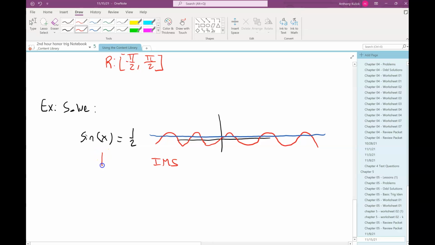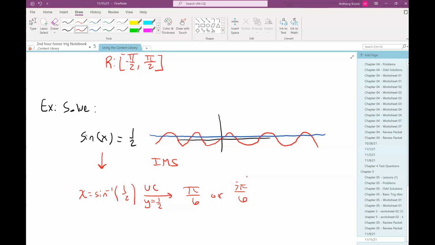So if I wanted to solve this, we do go and do sine inverse of 1/2, but we're going to ignore the range of sine inverse. We're going to go to the unit circle and find all the locations where y is equal to 1/2. So that's at pi over 6 as well as 5 pi over 6.